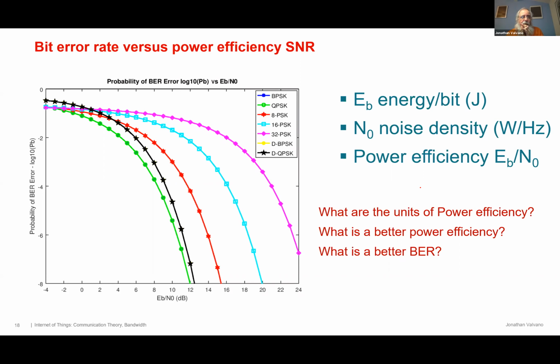Okay. And so there are three things associated in this plot. First, let me define the terms. This is the number of joules, watt seconds per bit.